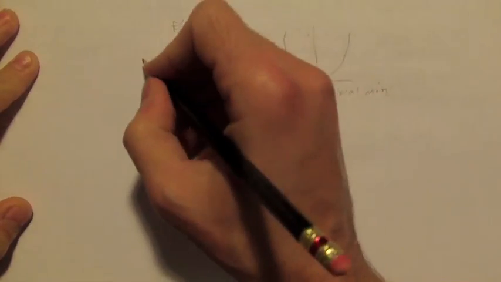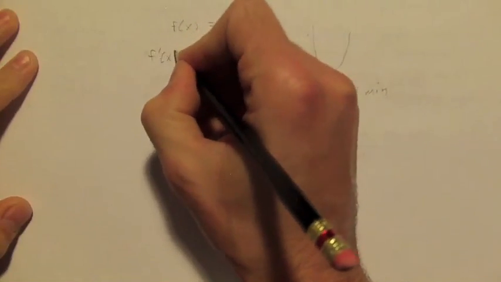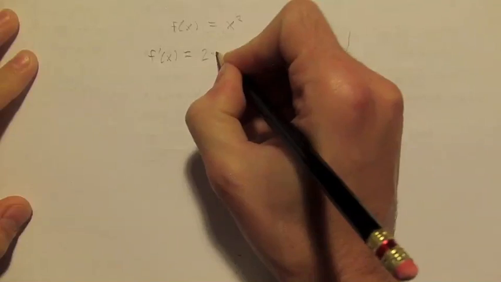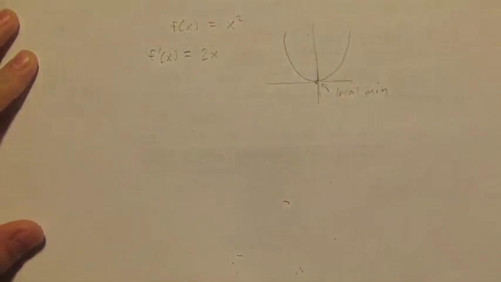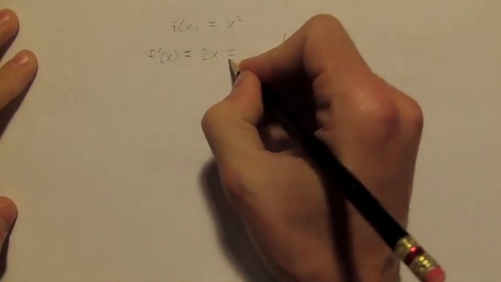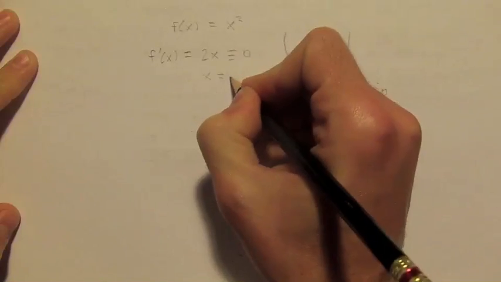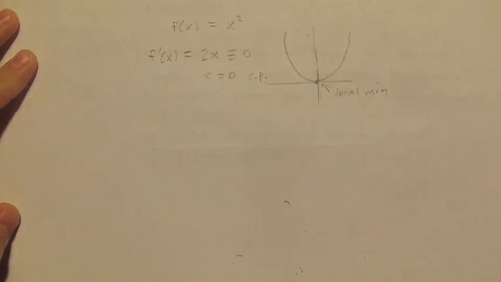Okay, so let's do f prime of x. Right, there's 2x, and to find the critical point, we set it equal to 0, and we get that x is equal to 0, so there's my critical point.